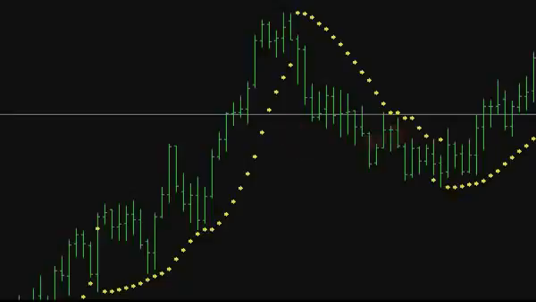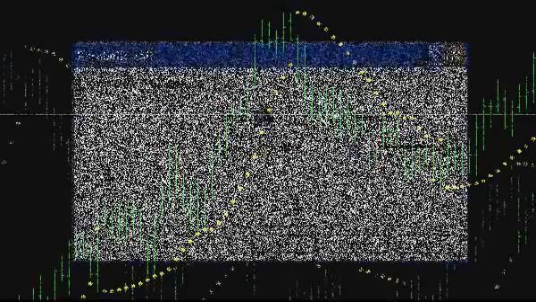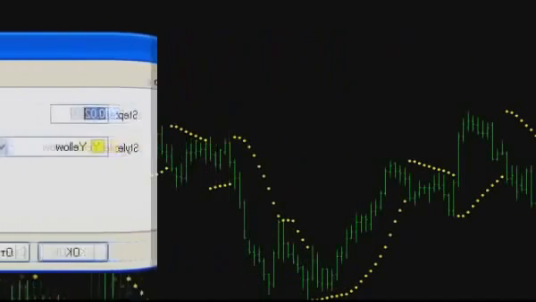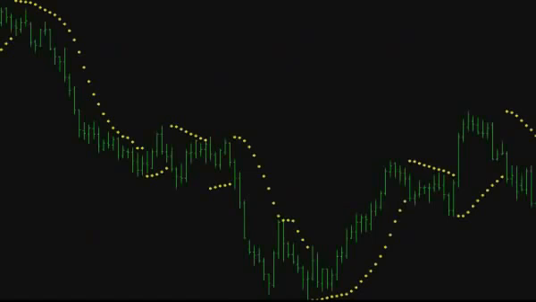The indicator parameters that we saw in the dialog window of its settings determine both the speed of the parabolic readings' approximation to the price and the maximum value of this acceleration. If we talk about the practical usage of this indicator, there are two widespread ways of its application.